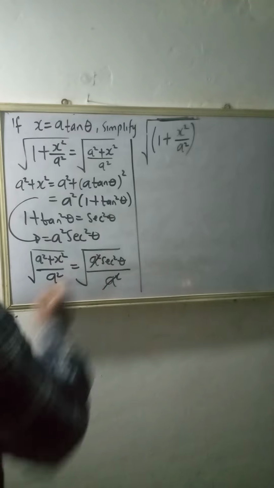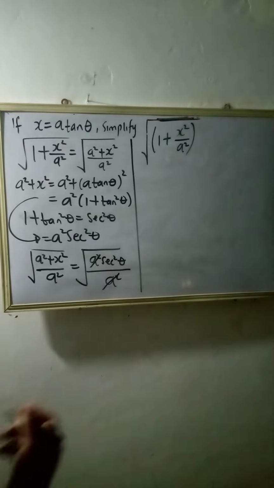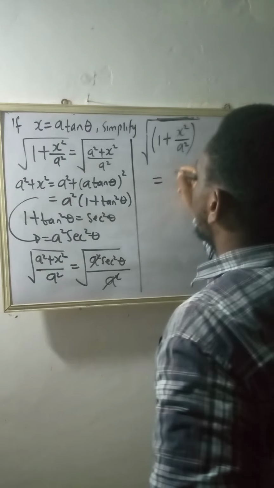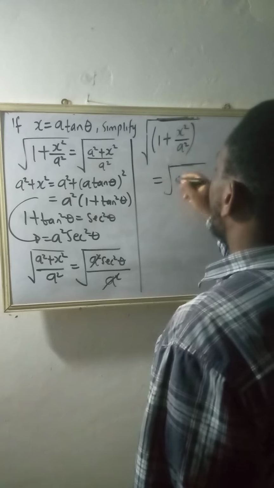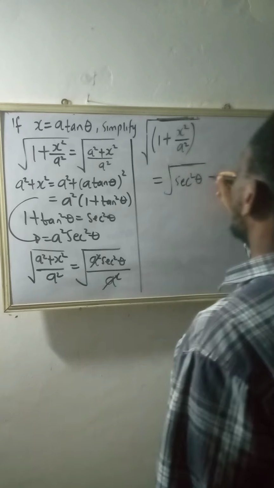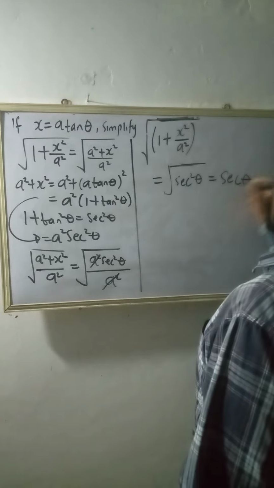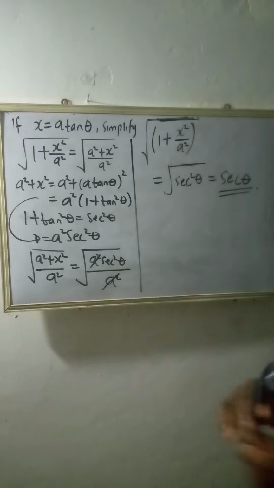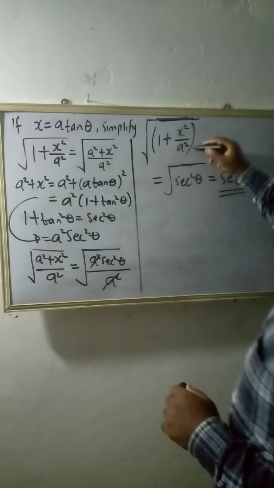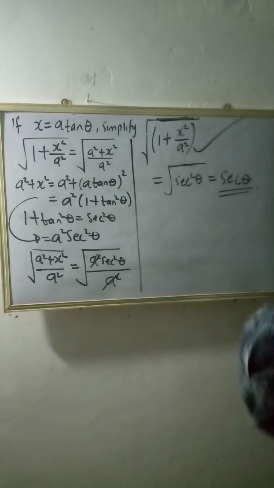Of course, a squared takes care of a squared, so the entire thing is just the square root of sec squared theta, and the square root of sec squared theta, ladies and gentlemen, is sec theta. And that gives me the value for this fraction. Thank you.